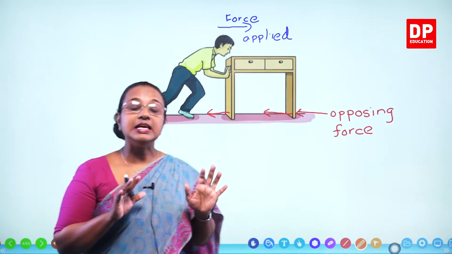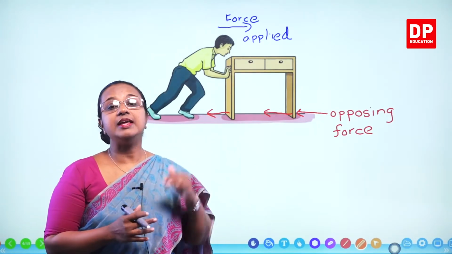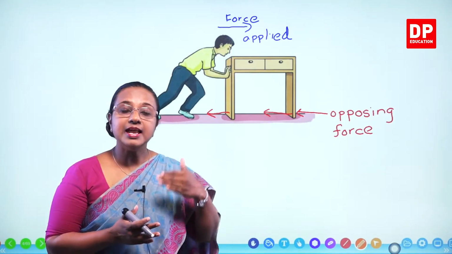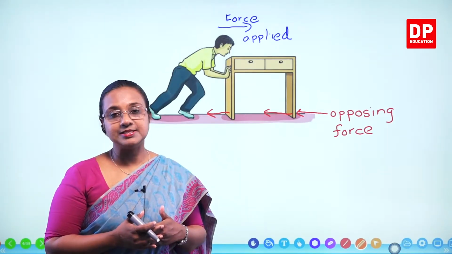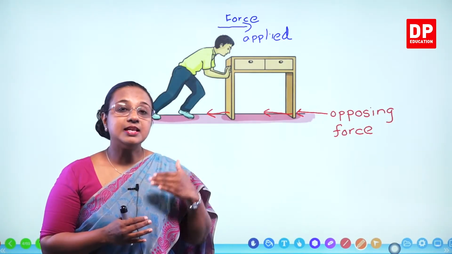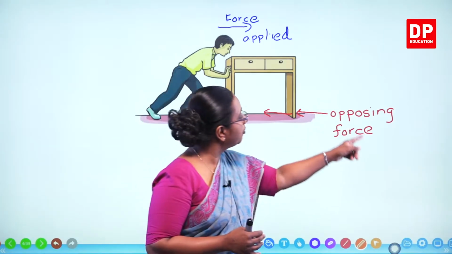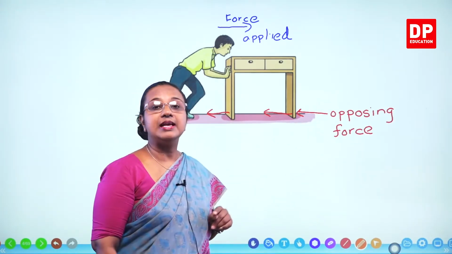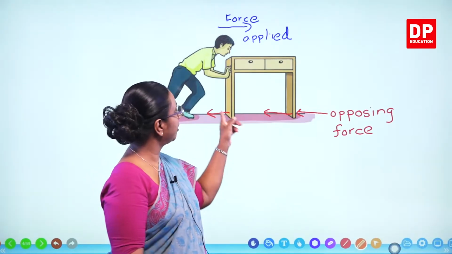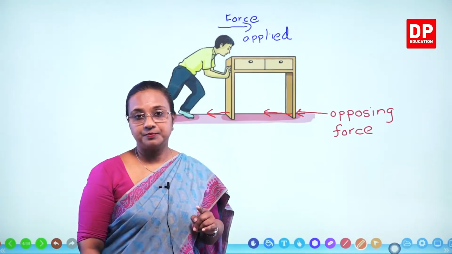Thereafter, if we increase the push to a very high extent, to a very large force, then obviously the table will start to move. The reason is there is a limit to the opposing force that can be exerted by the floor against the movement of this table.